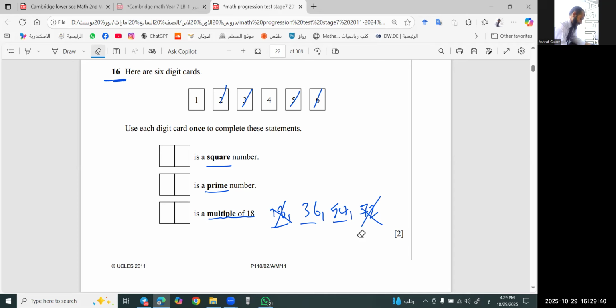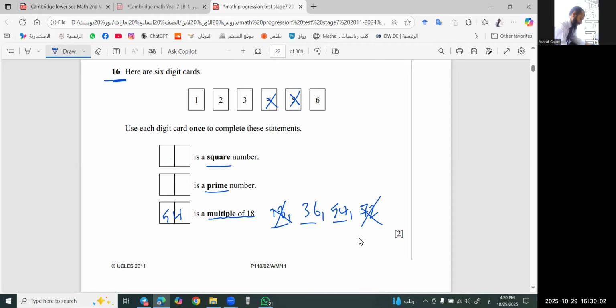But here we choose 54, 5 and 4. We cancel this 5 and this 4. So we have all these numbers. Which of them can form a square number?